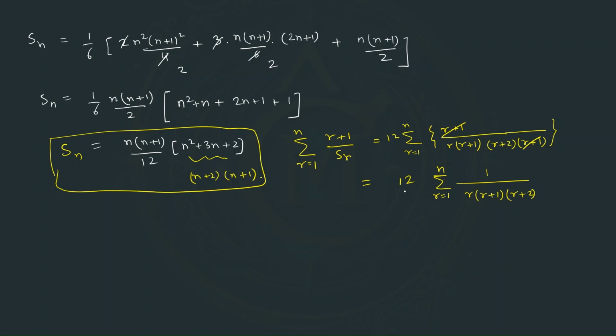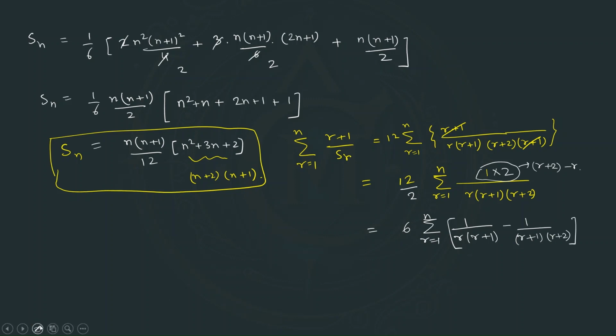Now this is a telescopic series here. So we multiply and divide by 2 so that we can write this 2 as r plus 2 minus r. So this series will become 6 times summation r equal to 1 to n of 1 over r into r plus 1 minus 1 over r plus 1 times r plus 2.